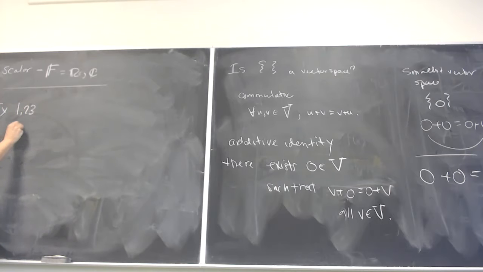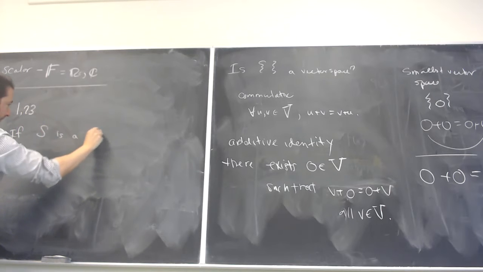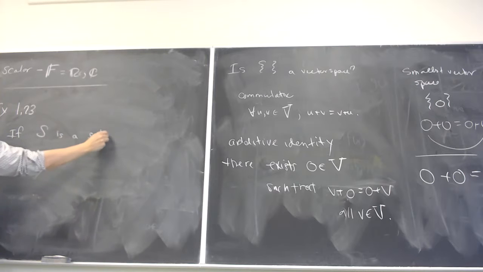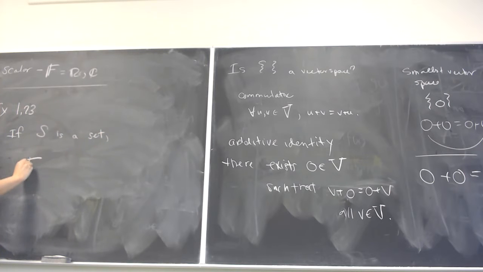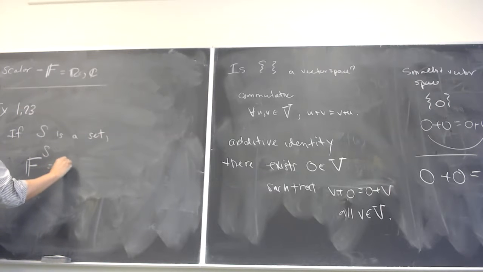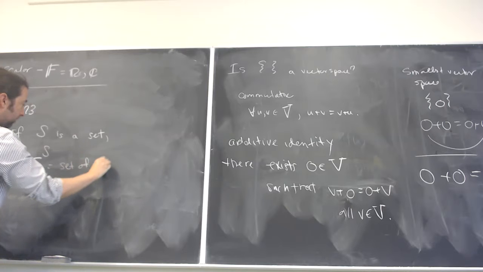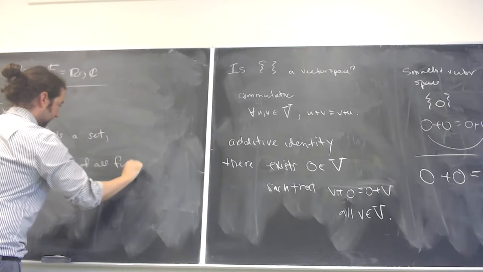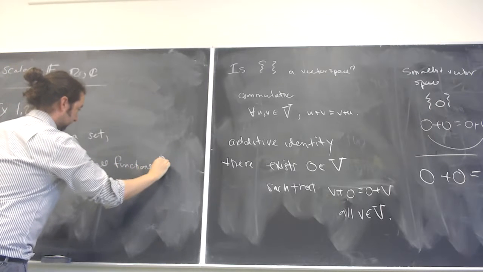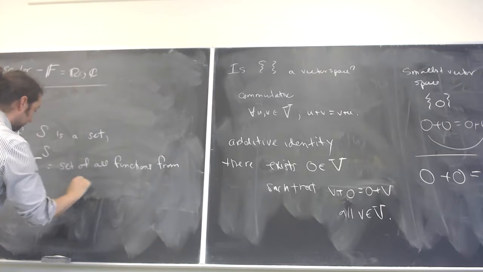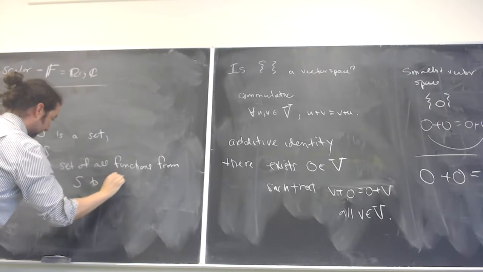And he says that if S is any set, he's going to define this object, F raised to the S. And what he means by that is the set of all functions from S to F.